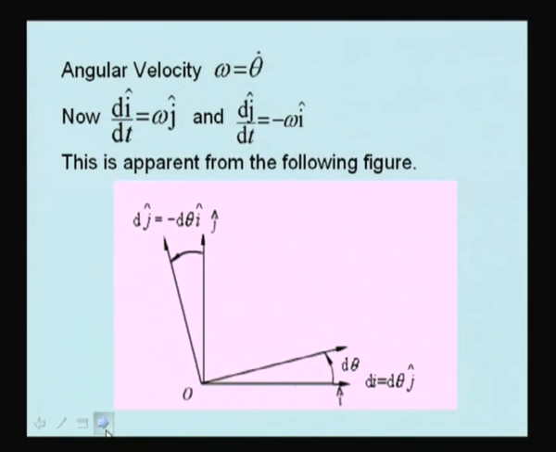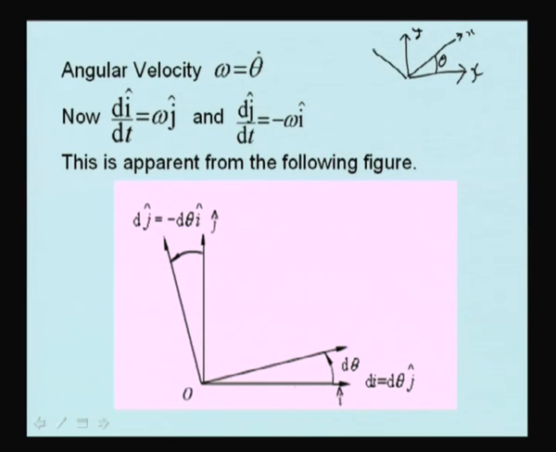Now, we also define that the angular velocity of the rotating axis is omega, where omega is equal to theta dot, that means d theta by dt. You have the axes small x, small y, which rotate by an amount theta because they are rotating.